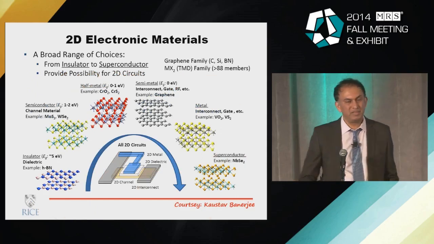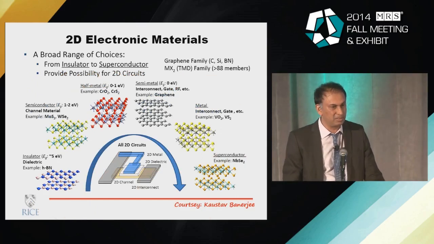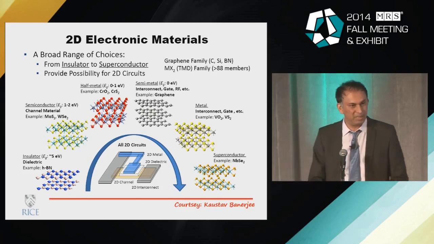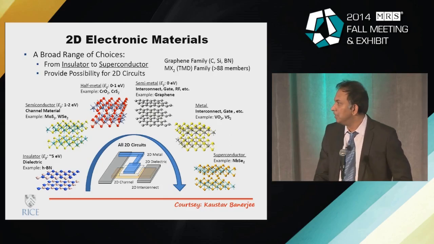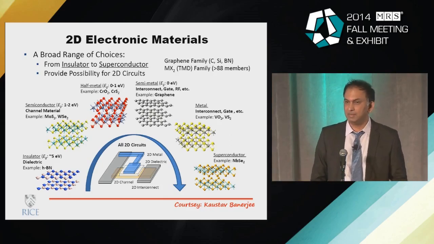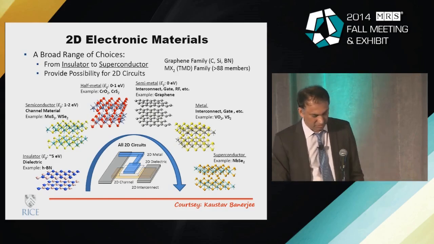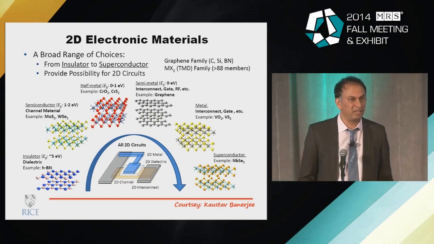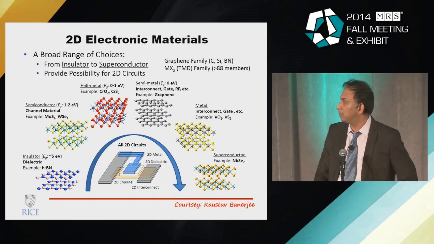Now, of course, in many of these nanostructures, electronics have been the driver, so it would not be appropriate to skip that, although I won't talk too much about this. But when people are talking about electronic materials, there is, of course, the roadmap that they are always seeking to find new materials with exciting properties.